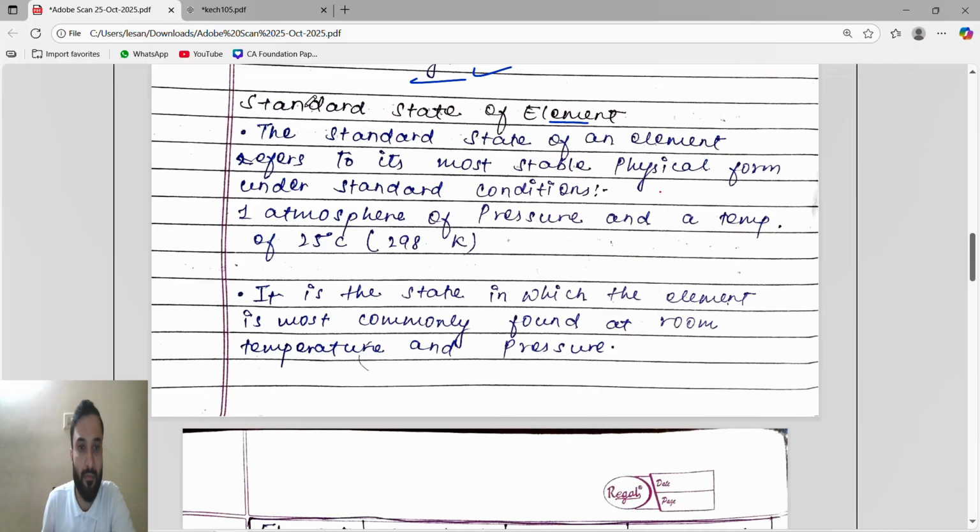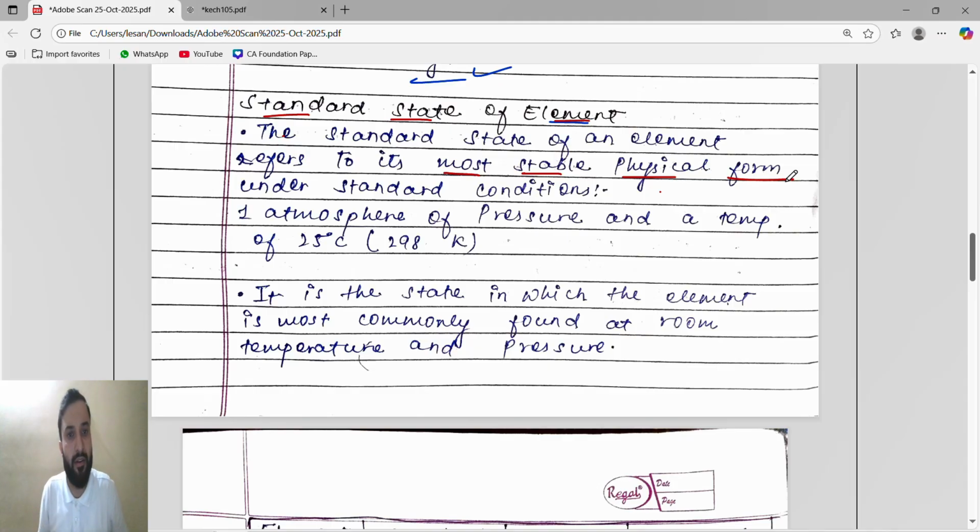So standard state of element, see here, the standard state of an element refers to its most stable physical form. When you are at the most stable physical form, then we will say that it is in standard state.